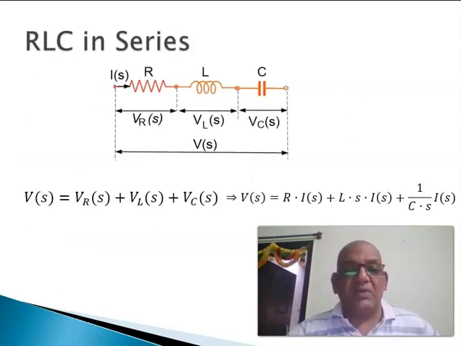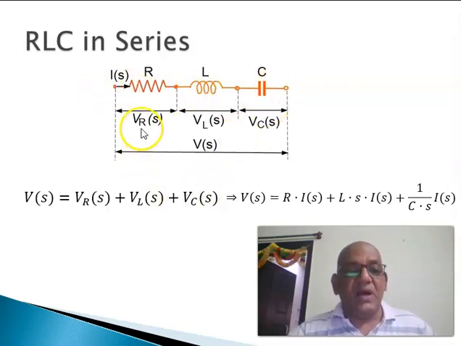Now that we have individual component equations, we'll see how we club them into a single equation in a circuit like this. You have a resistance, you have an inductance, and you have a capacitance in series.